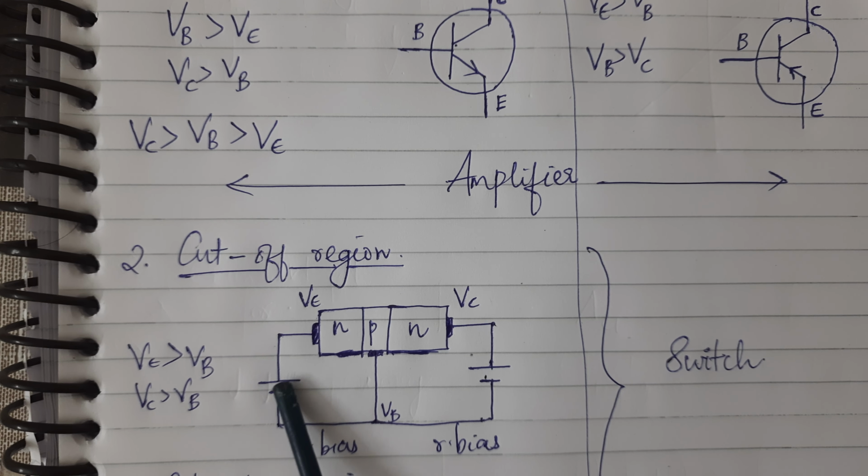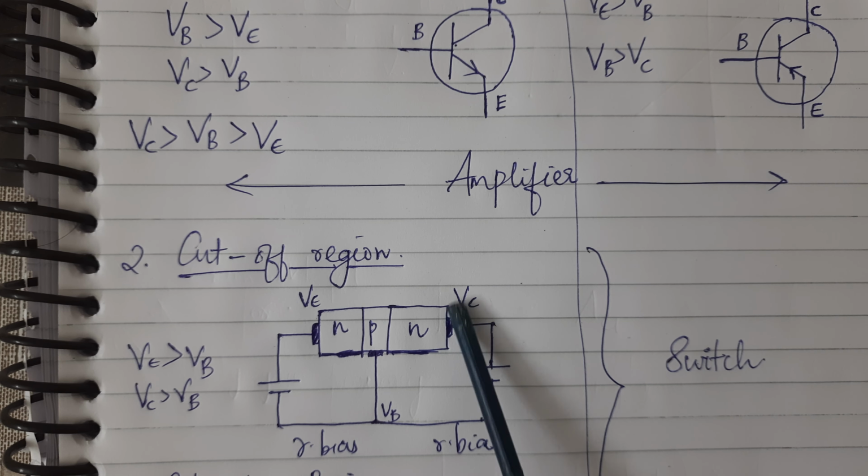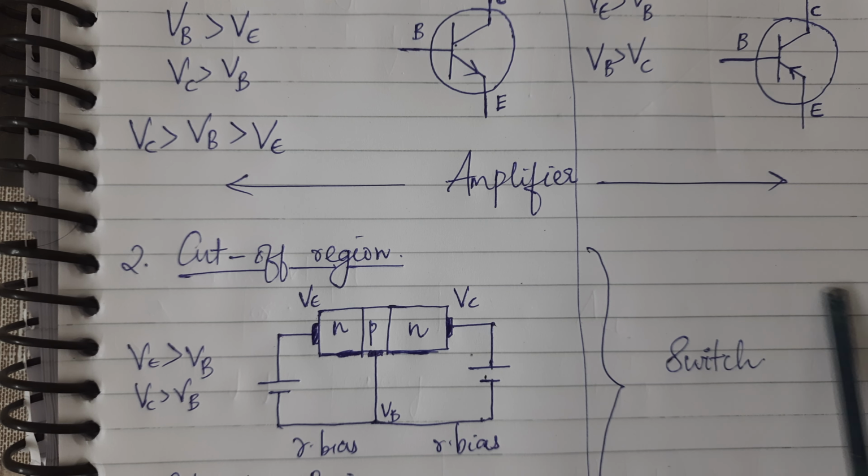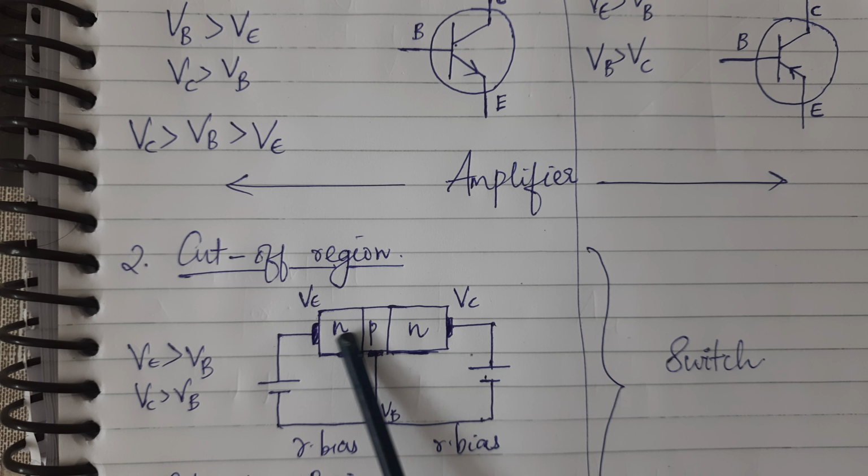VE will be greater than VB, and here the positive is connected to the collector, so VC should be greater than VB. For the case of a PNP transistor, you just try for yourself. It is the same thing, both will be in reverse bias. Just draw a PNP transistor and do the reverse biasing, and you can write it.